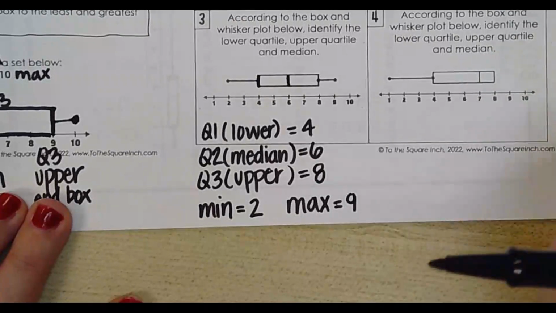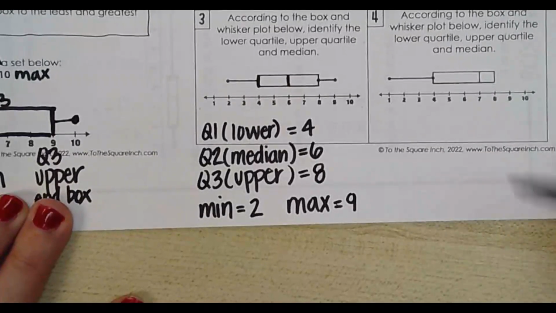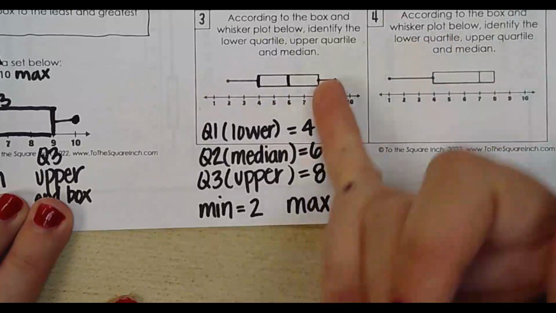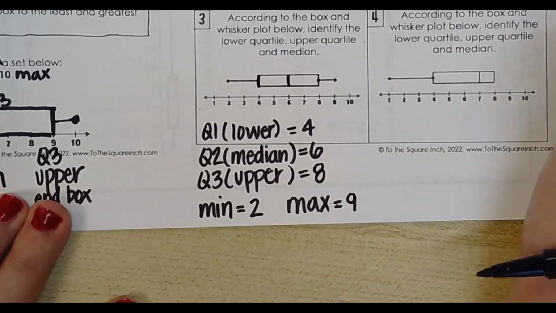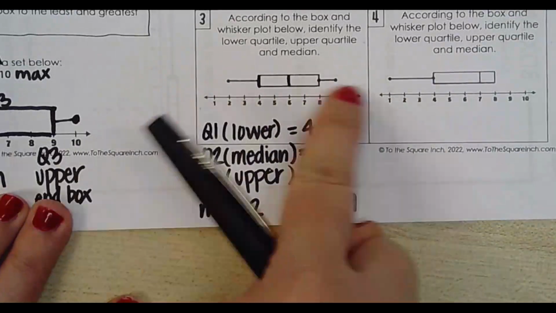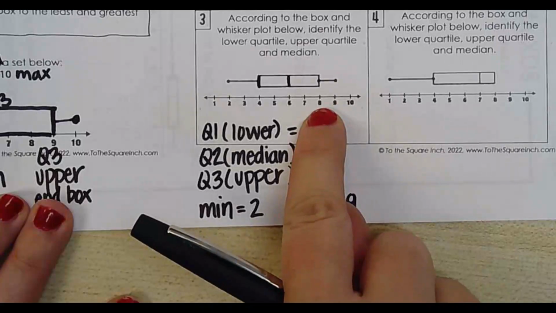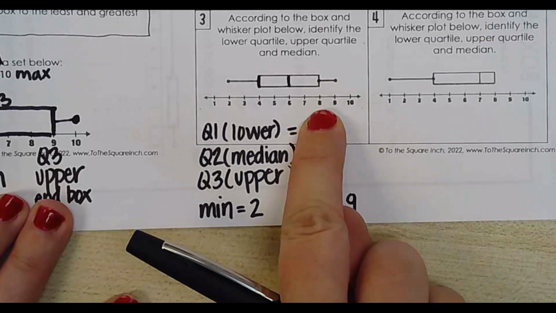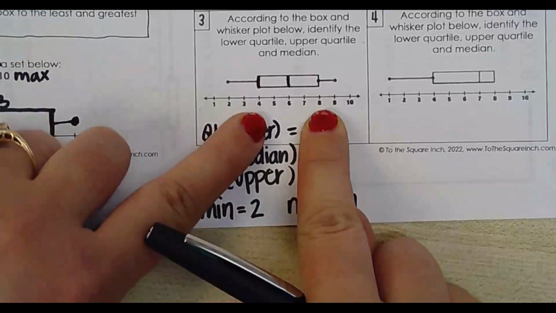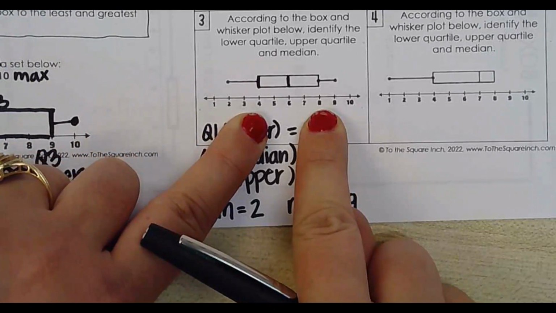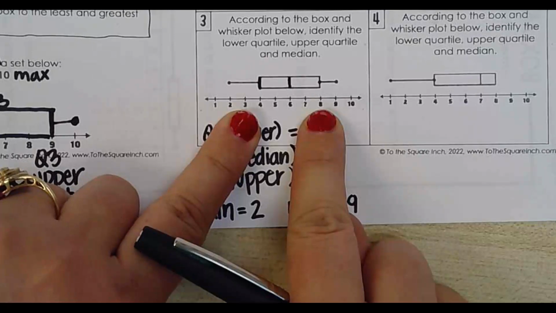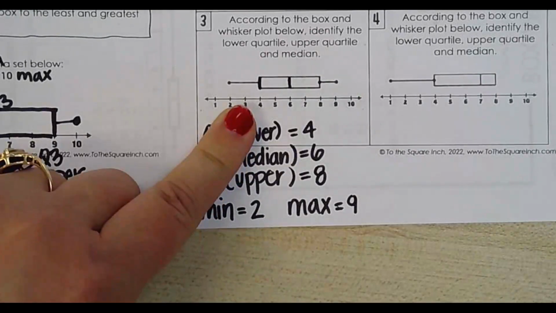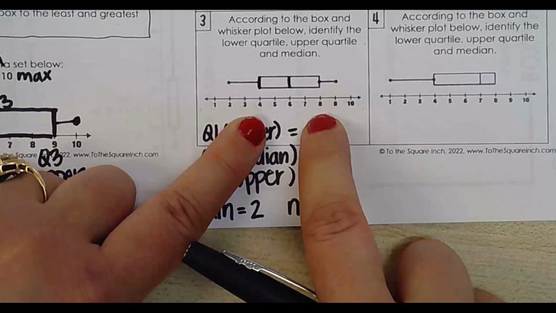Okay, so let's talk about this. This is why everybody loves box and whiskers on a test, because you get this and you're asked to find the interquartile range. You only have to see this. Q3 is 8.